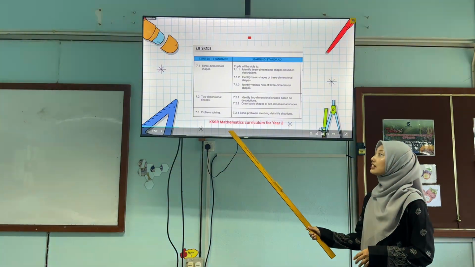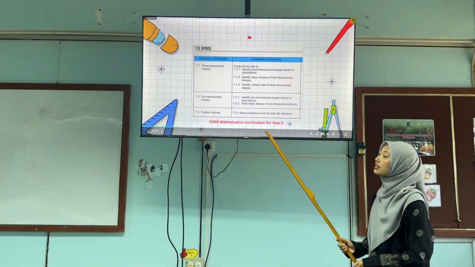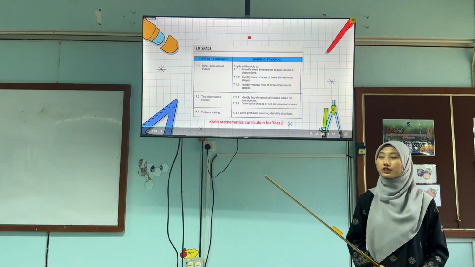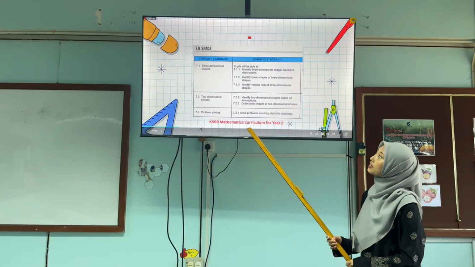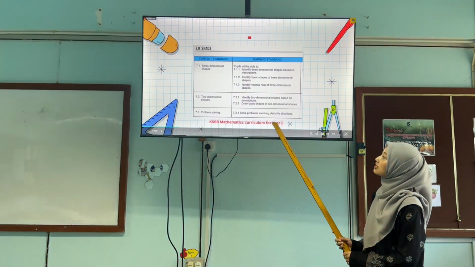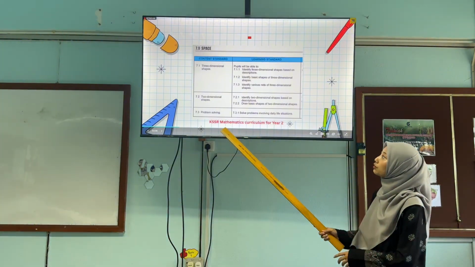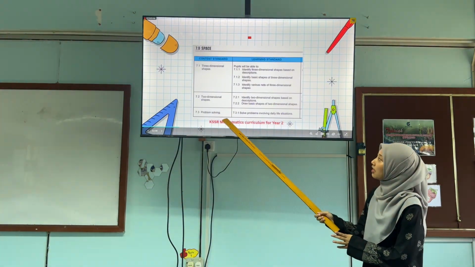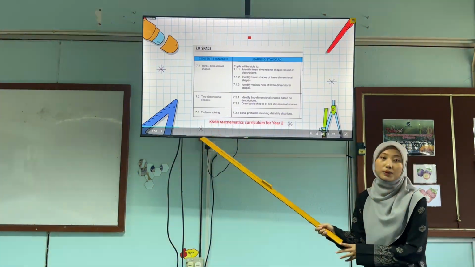This is the KSSR Mathematics curriculum for Year 2 for our topic under 7.0, which is space. Under this content standard are three-dimensional shapes, two-dimensional shapes and problem solving.